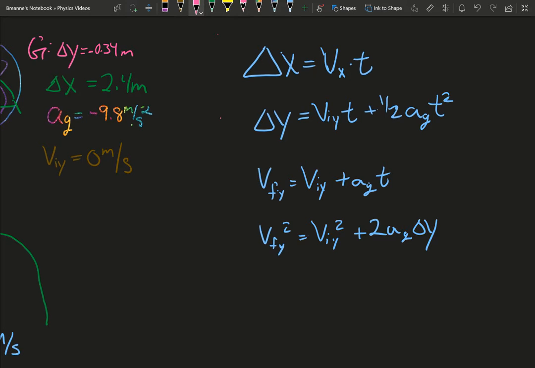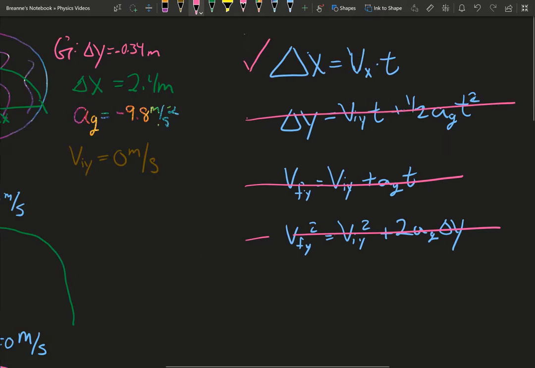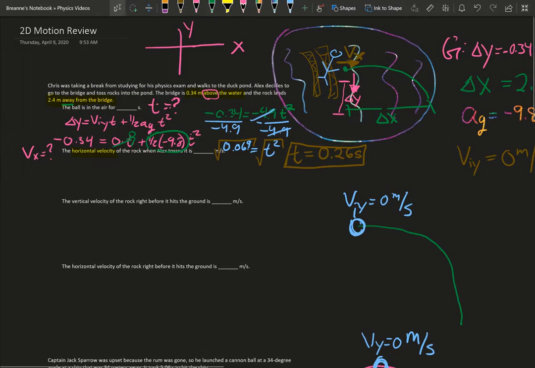The first thing we need to do is figure out what equations have Vx in it. That equation has Vx. This equation does not. That equation does not. That equation does not. Well, that makes life easy, right? We only have one equation that has Vx in it. So we're stuck with our delta x equals Vx times time.